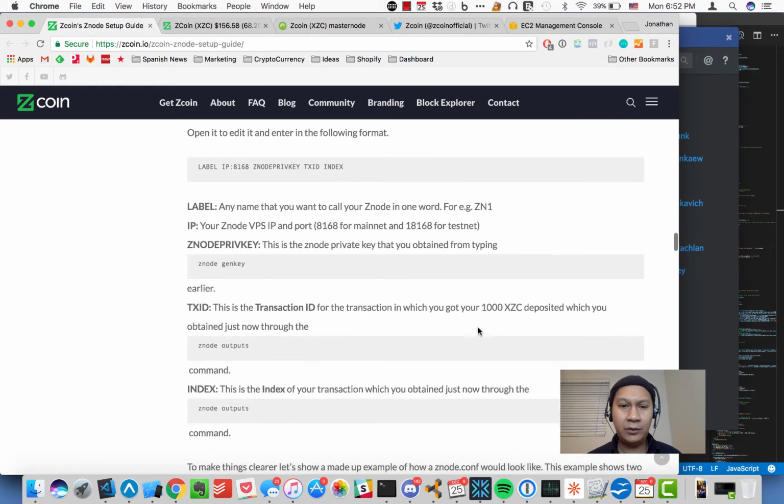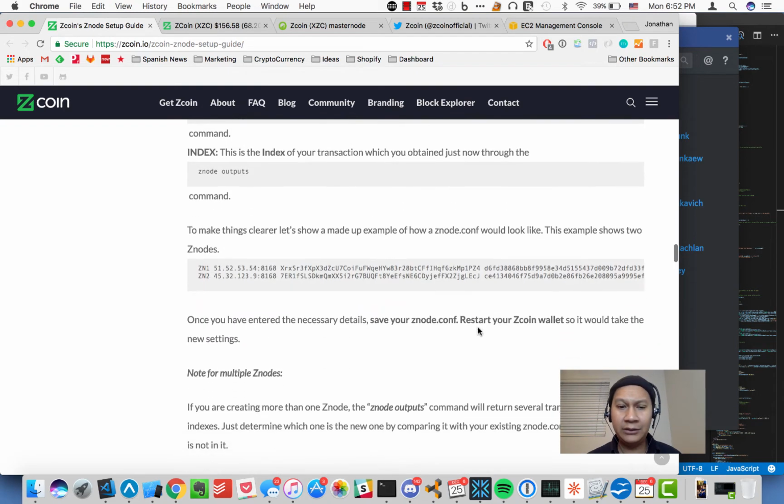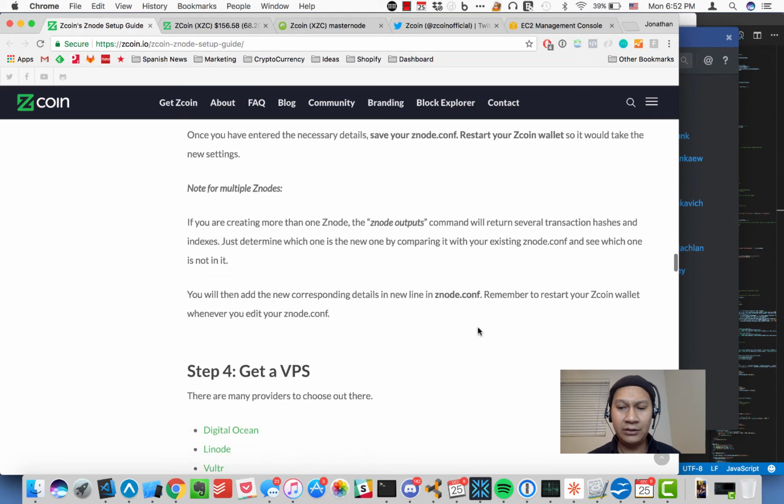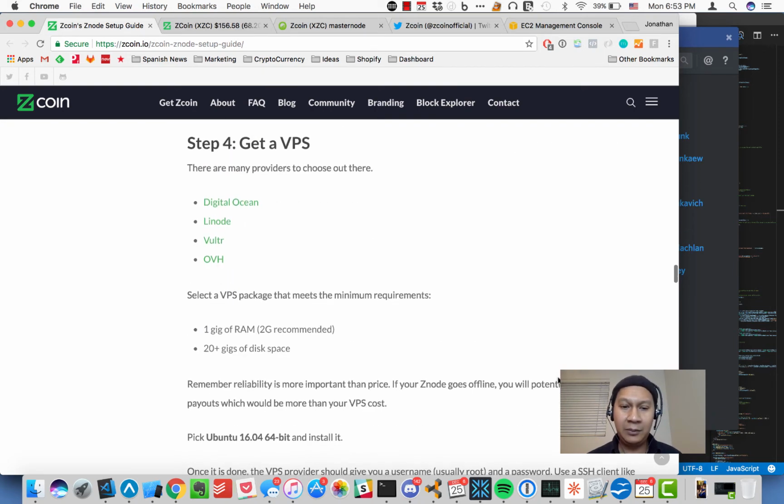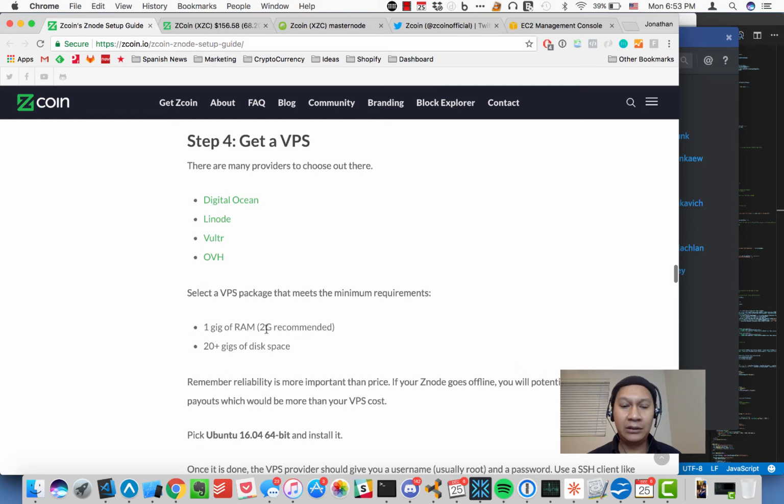So the instructions are pretty straightforward. I was able to get this running within a few hours once I had the coin set up. And by saying a few hours, you have to have the Zcoin wallet synced, as well as setting up the node itself, and that takes a few hours to sync up fully with the blockchain. As far as the VPS is concerned, they recommend 2 gigabytes of RAM.